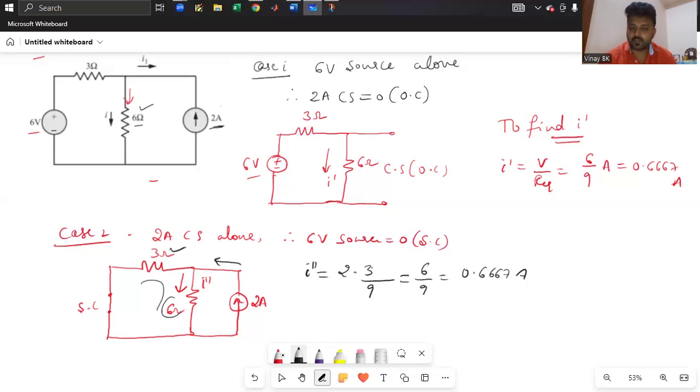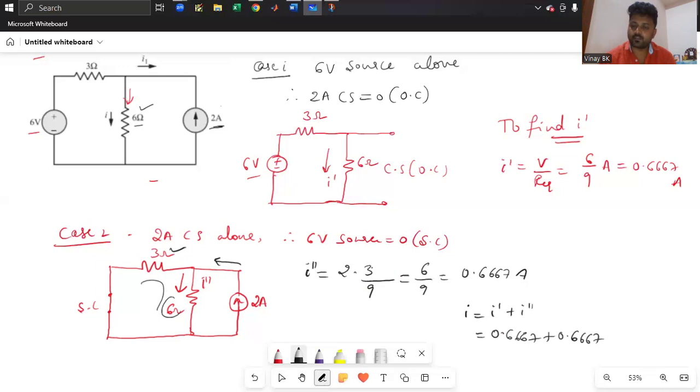Now we need to find the total current I, which is I dash plus I double dash. You add the currents from both the cases: 0.6667 plus 0.6667.